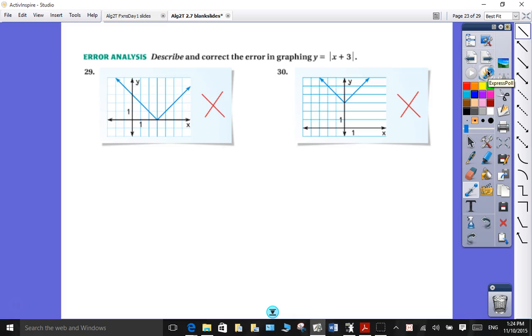So both of these graphs are supposed to be absolute value of x plus 3. What'd they do wrong?